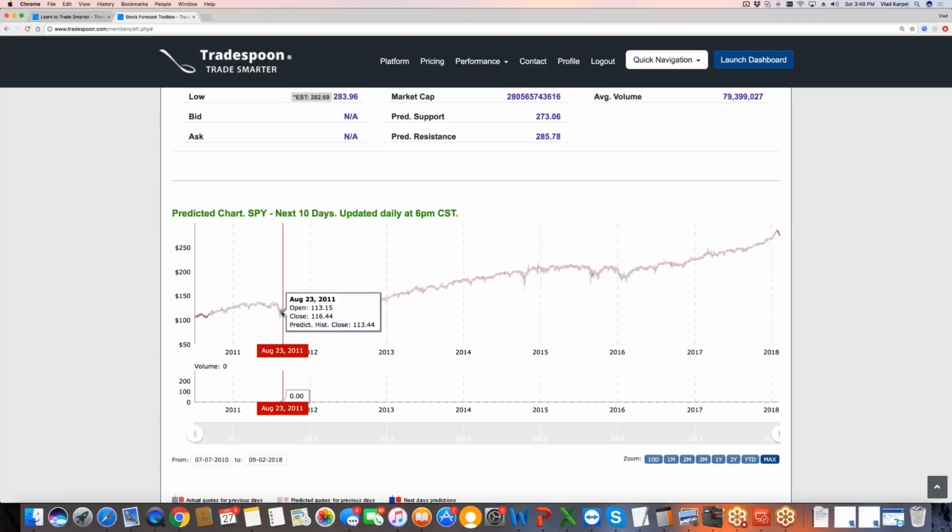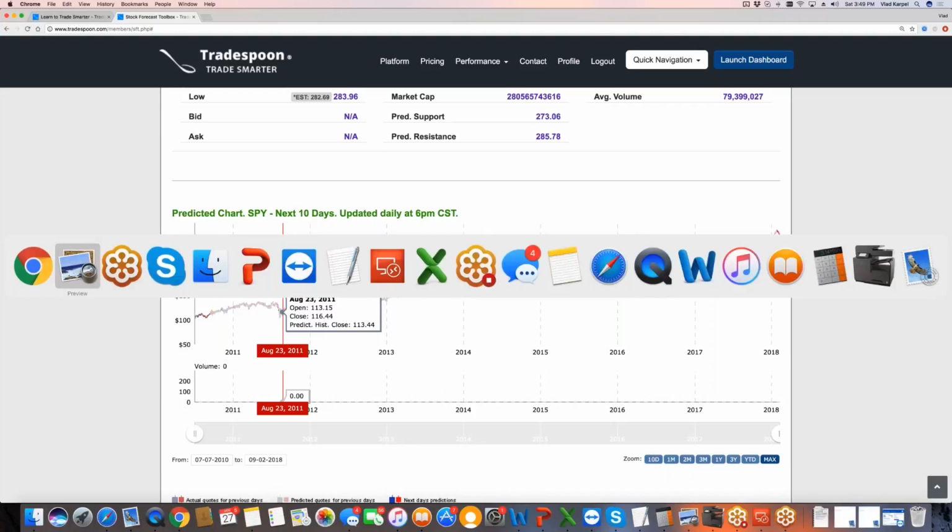Everybody usually knows, depending on whether you've reached the neckline or not, what the next move is. Or if the 50-day moving average crossed the 200-day moving average on the upside, then everybody expects the stock market to continue to go higher.